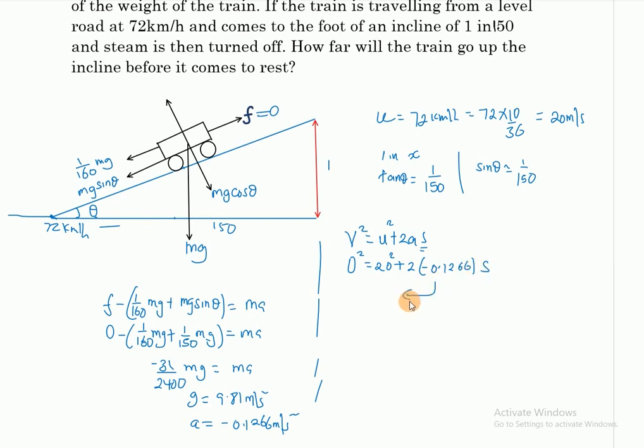So 2 times 0.1266 s is equal to 400, so s is equal to 400 divided by 2 times 0.1266.